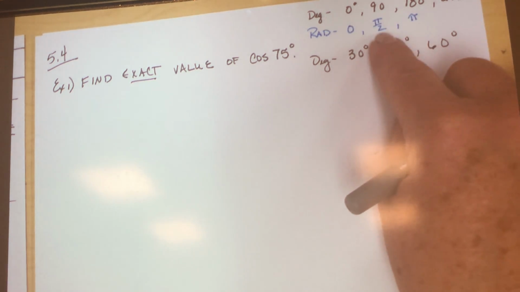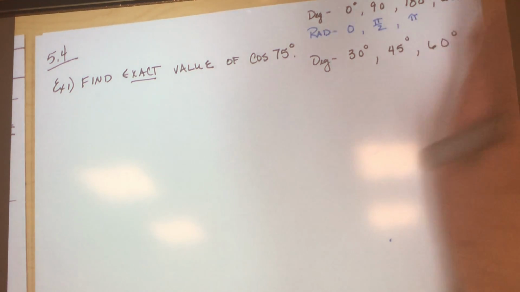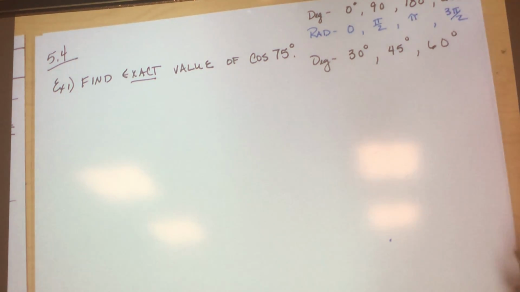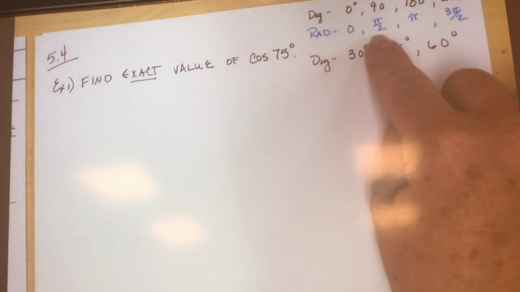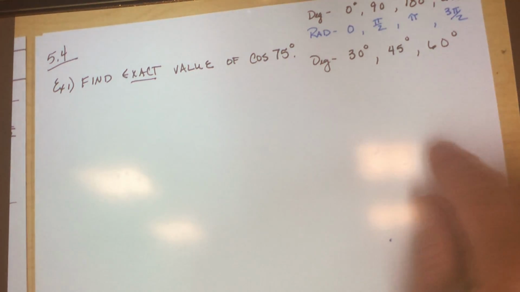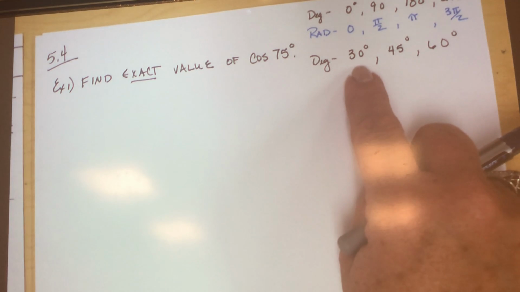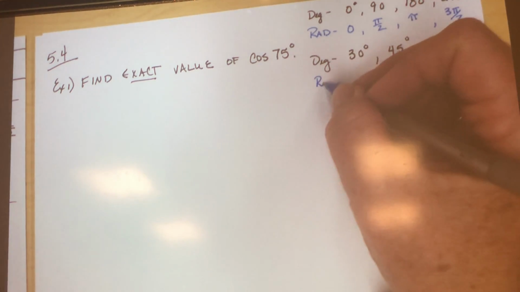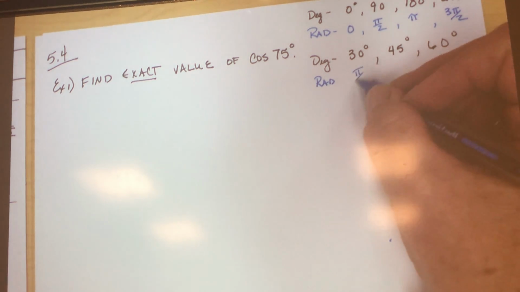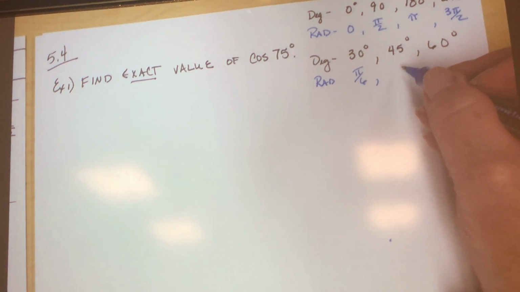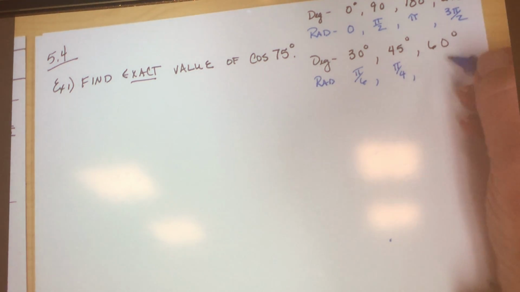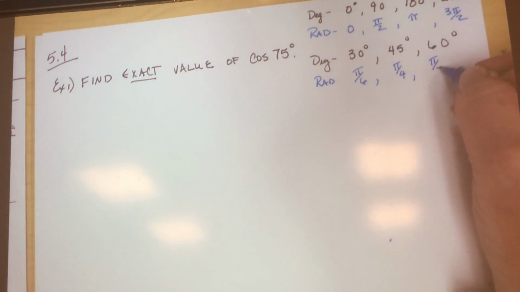Pi over 2 times 3 is 3 pi over 2. The next one is pi over 2 times 4, that's 2 pi, the same thing as 0. All right, what is 30 in radians? Pi over 6. What about 45? What about 60?